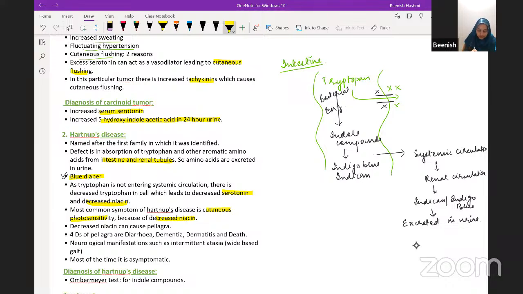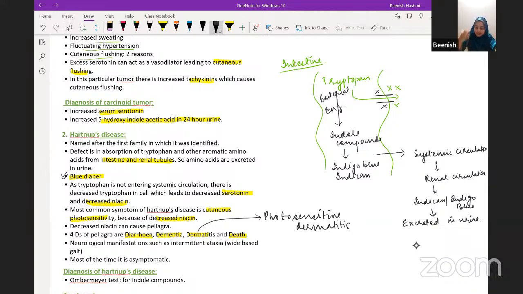The 4 Ds of pellagra we all know: diarrhea, dementia, dermatitis, and death. So there is photosensitive dermatitis. So the area that is exposed to the sun develops rashes and lesions, especially the area around the neck.